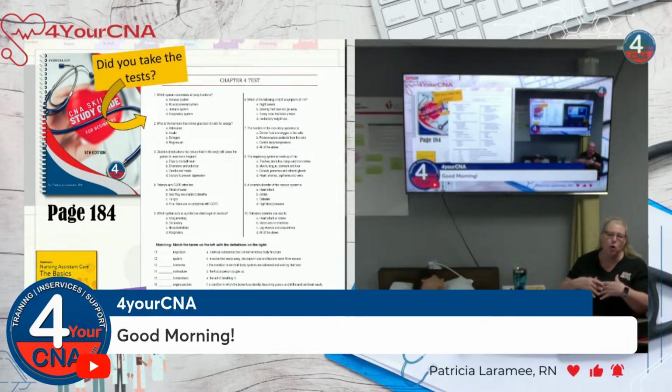As we age, we have a whole bunch of changes in every single body system. So the best way for me to describe this is if I invented something, and I want to have it produced. And I go look at a factory that's going to make this for me.